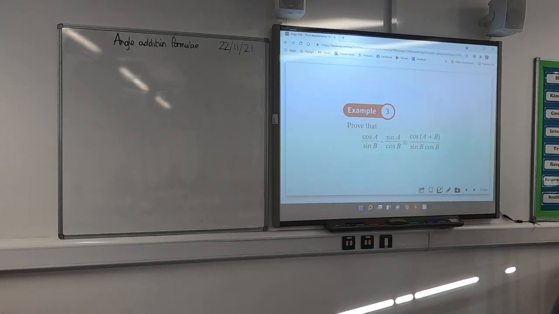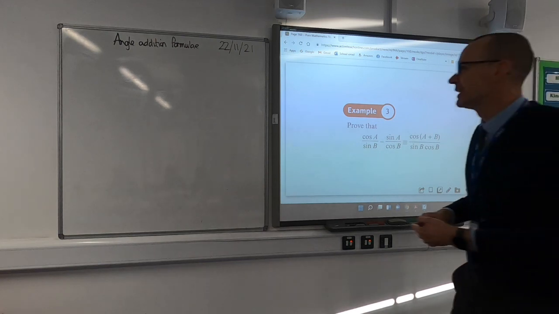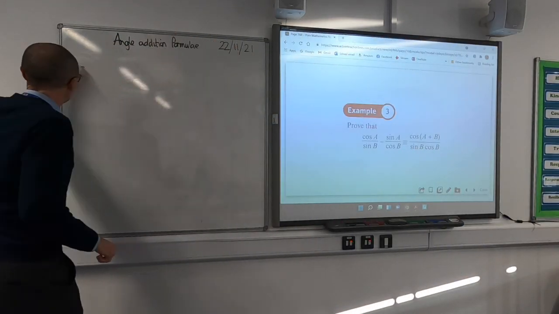Really what you should do is go like that and then like that. So you should manipulate your left-hand side to equal 5 and then show how 5 can be manipulated to equal what you started with. See what I mean? So rather than going like that, try to go like that. But this one is much more simple than that. But yeah, so I'm going to say consider left-hand side.